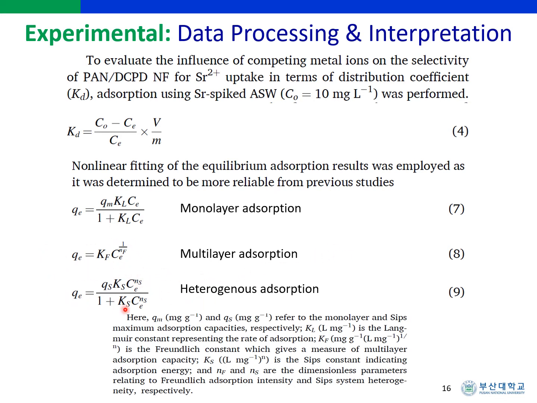I think you are not familiar with the Sips model. The Sips model is actually the combination of the Langmuir and Freundlich models. It describes a heterogeneous adsorption process. It means uptake of any pollutant is not limited to monolayer adsorption.